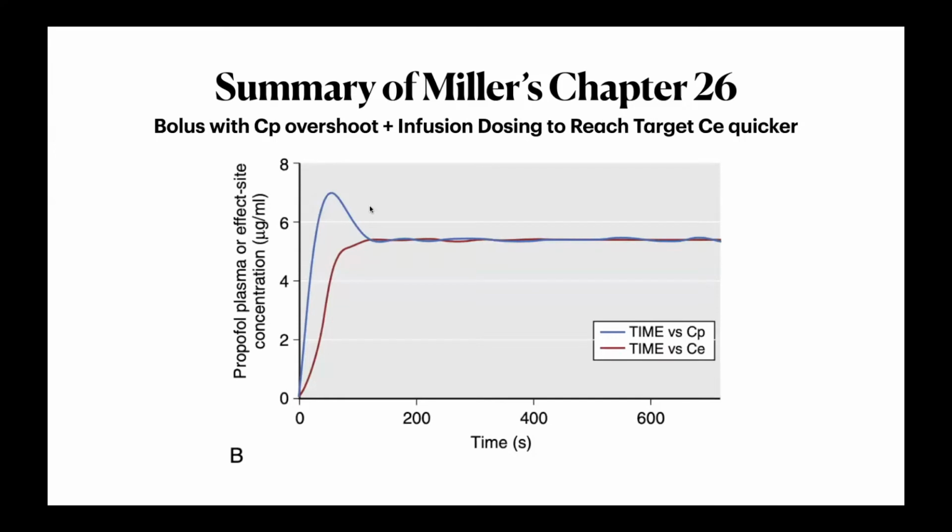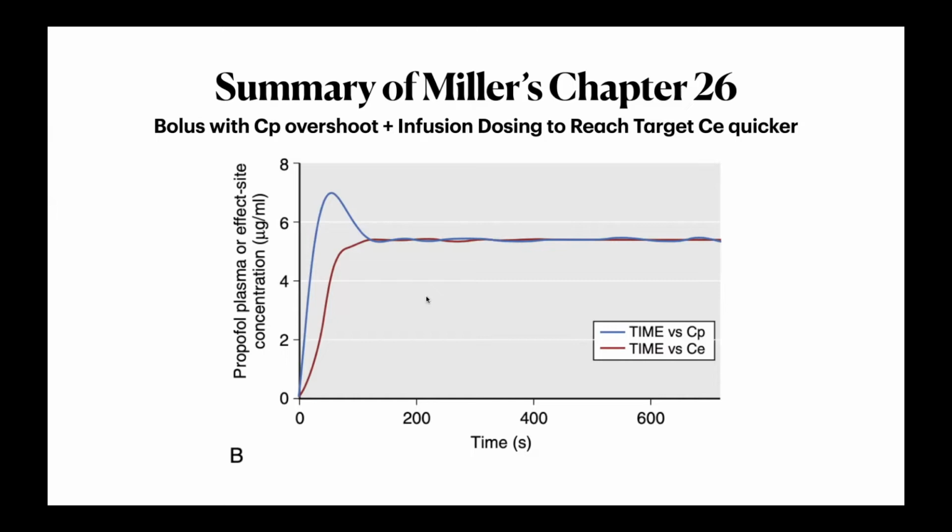So the way that we overcome the 3 to 5 half-lives is to use a bolus dose with overshoot, plus an infusion dosing to reach your effect site concentration quicker. And you'll see this when you use the effect site with Schneider.